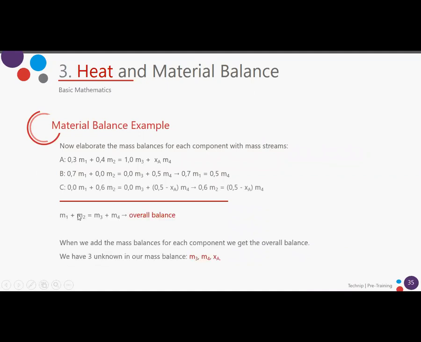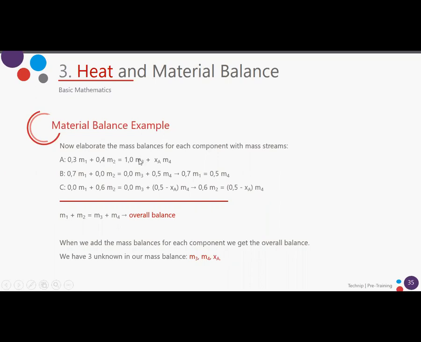So for component A, we know that 0.3 mass fraction of the whole mass of stream 1, plus 0.4 multiplied by the whole mass of stream 2.